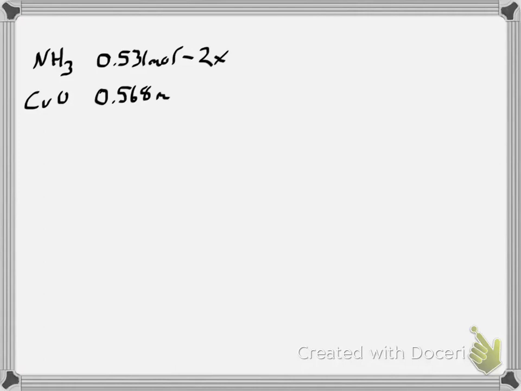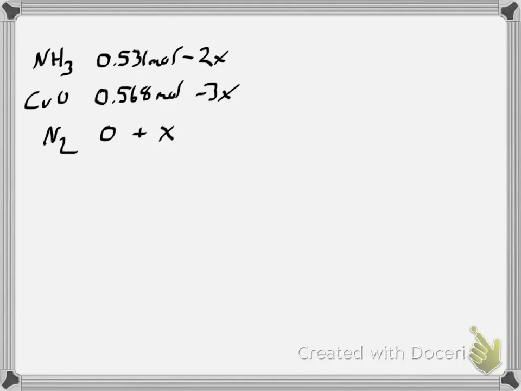So now we can say, well, our ammonia, starting out with 0.531 mole minus 2x, and our copper(II) oxide is going to be 0.568 mole minus 3x, and then our nitrogen is going to be 0 plus x.